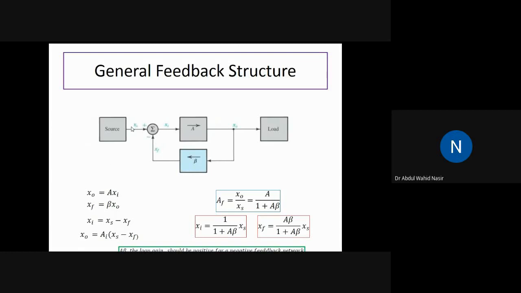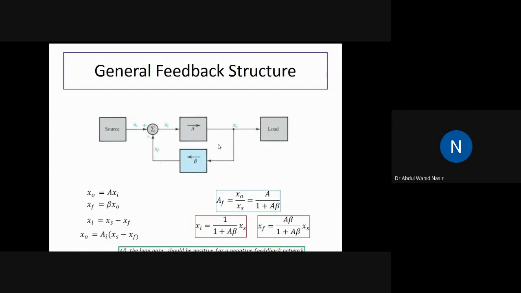Xs is the source signal. Then the input to this block is Xi. A represents the open loop gain of the amplifier. The output is Xo, and that Xo is fed back to the input side using a network having a gain beta. The output of this block is Xf.